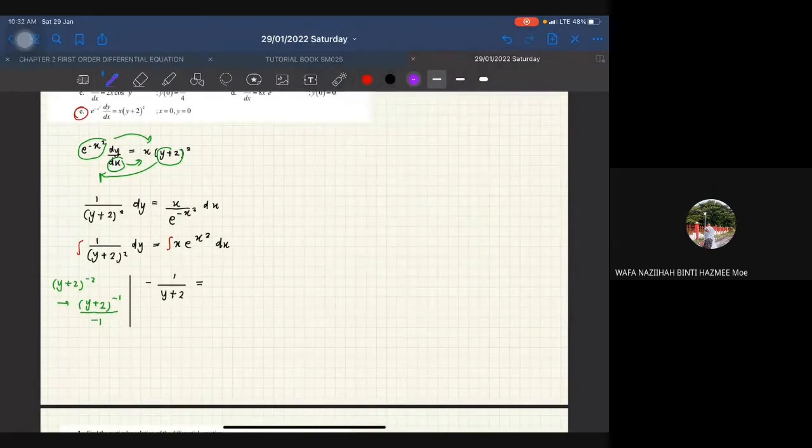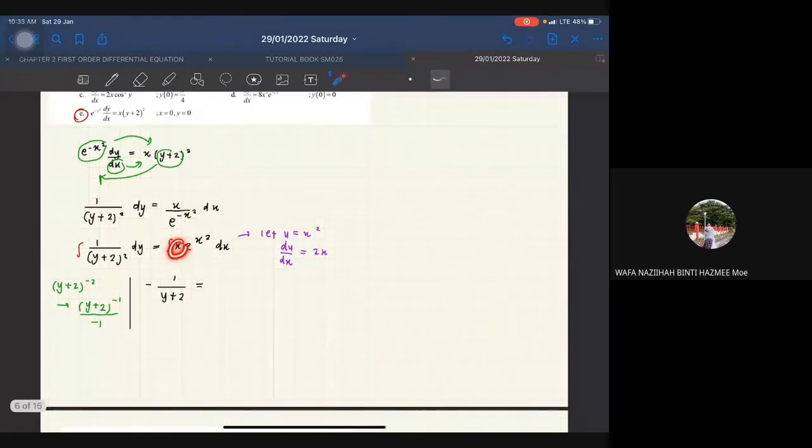So we let u equal to x squared. So we have du dx is equal to 2x. Okay, so kalau tengok dekat sini, kita ada x dengan dx sahaja. So saya tak nak dua, saya bawa pergi kiri, and dx saya bawa pergi kanan.